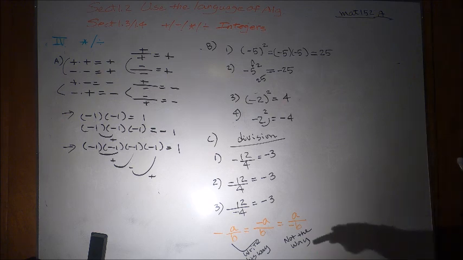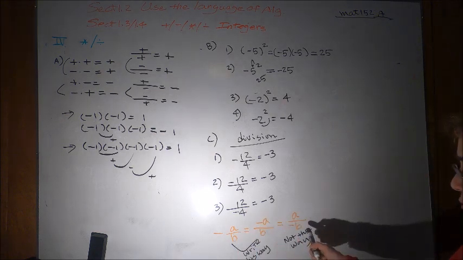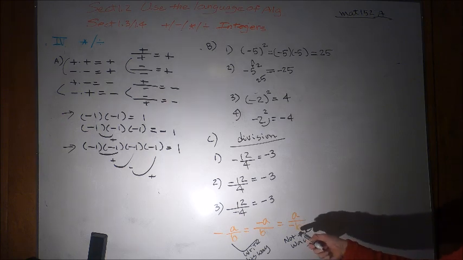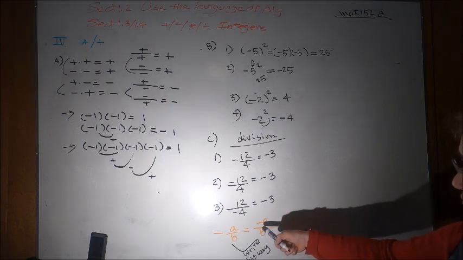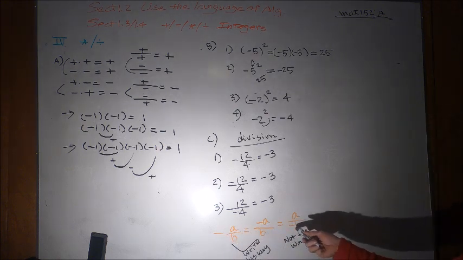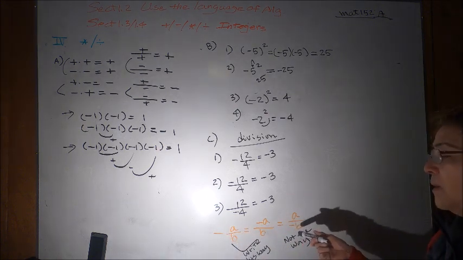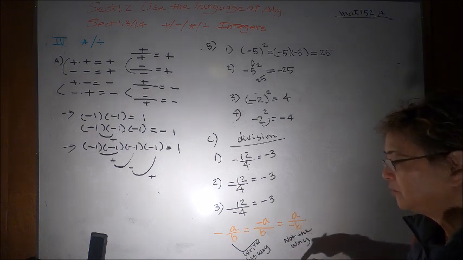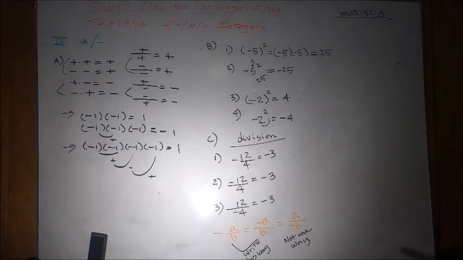And we always use the positive number for LCD. They all mean the same thing. If the negative is on the bottom, we either move it to the top or move it to the side. If you write the negative on the bottom for your homework, the computer will reject it. That's not the way we write.